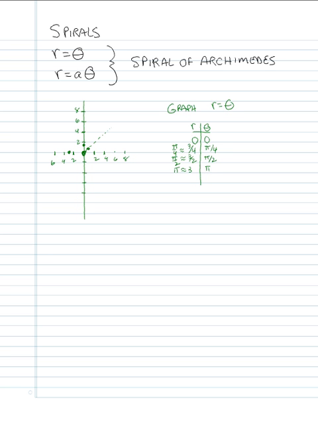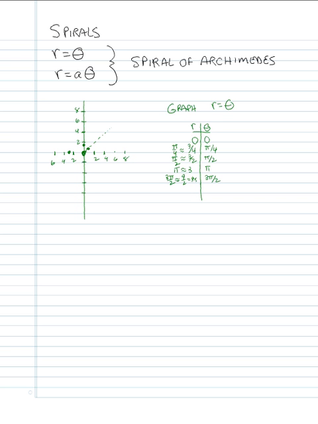Let me get a few more points. Let's let theta be 3 pi over 2. If theta is 3 pi over 2, that's what r is also. In round numbers, since pi is about 3, this is about 9 over 2, which would be 4.5, wouldn't it?